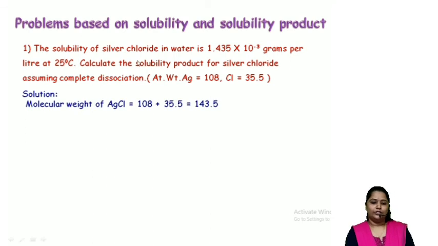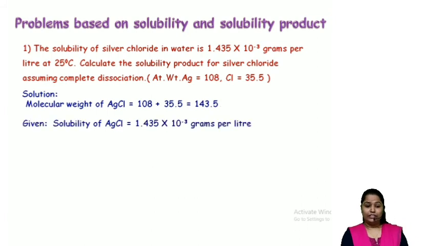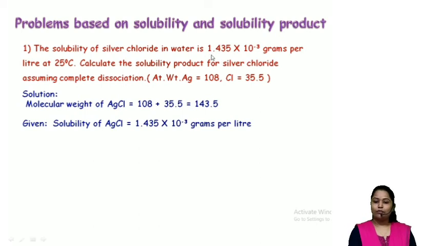Here, first we calculate the molecular weight of AgCl using the atomic weights of silver and chlorine. We get 143.5. The given solubility of silver chloride in water is 1.435 x 10^-3 grams per liter. Convert that solubility into moles per liter.